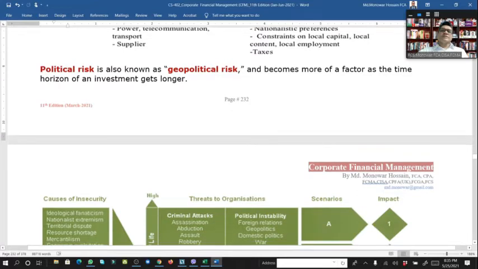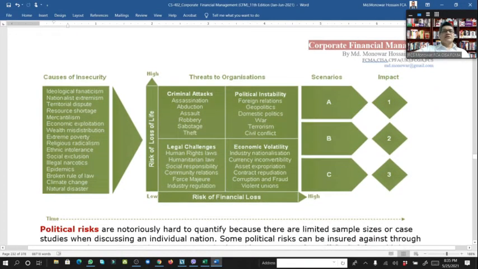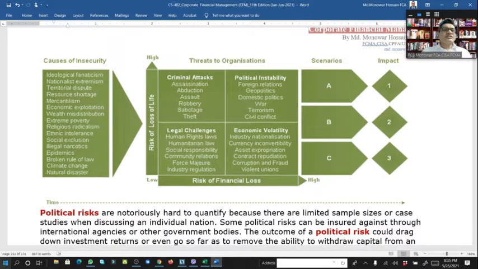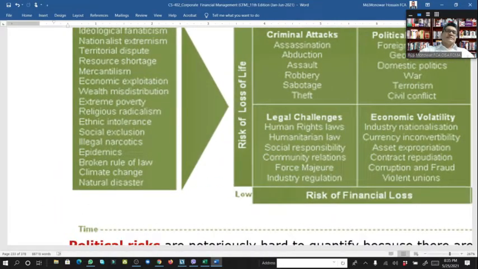Political risks, also known as geopolitical risks, become more of a factor as the time horizon of an investment gets longer. So here is another impact, the causes of insecurity. That means if investors feel insecure about that type of investment, they will not invest. That means criminal attack, threat of organized crime. That is the cause of insecurity.